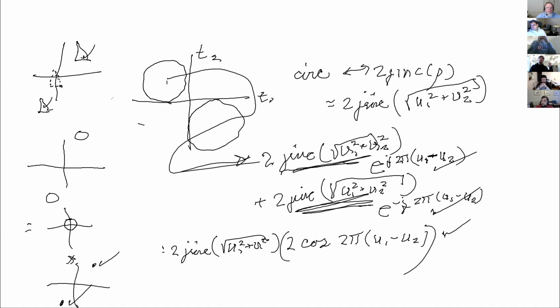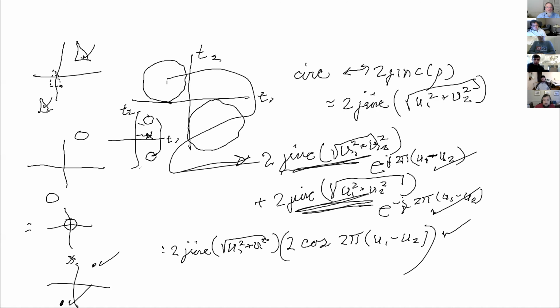I'll give you one more. What if you had something like this? If you had something like this, it would be e to the j, whatever this is. So it's e to the j, whatever the shift is in T1.